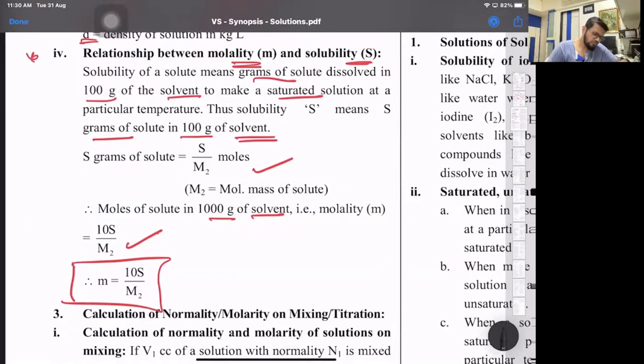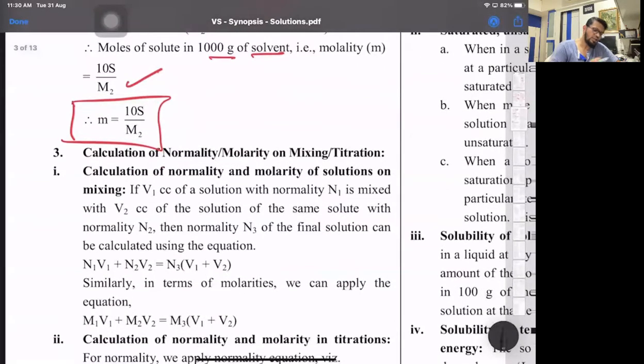Then calculation of normality, molarity with respect to mixtures. So if you're mixing two acids, or if you're mixing two bases, then simple, with respect to normality, the dilution law, N1V1 plus N2V2 is equal to N3 into the net volume V1 plus V2, and same applies for molarities.